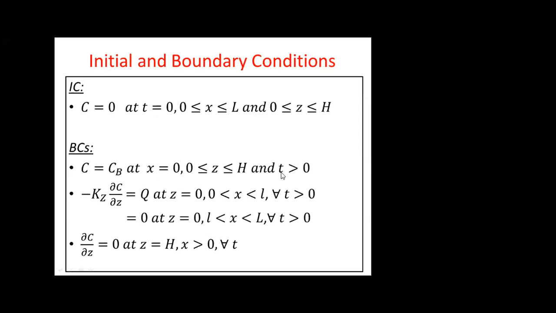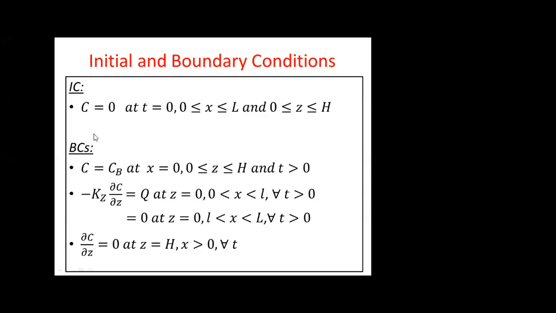The moment t is greater than 0, we have a pollutant which is coming from the left side, that is a background concentration of pollutant. We cannot just say that there is no pollutant at all. The pollutant will always be there. So we consider that on the left hand side, when x is equal to 0, that is from 0 to H height, and t greater than 0, there will be some pollutant in the urban area.